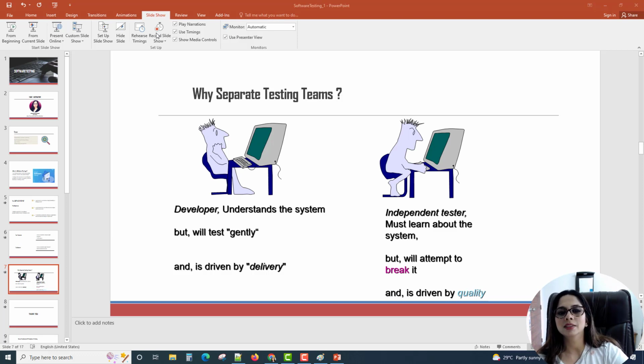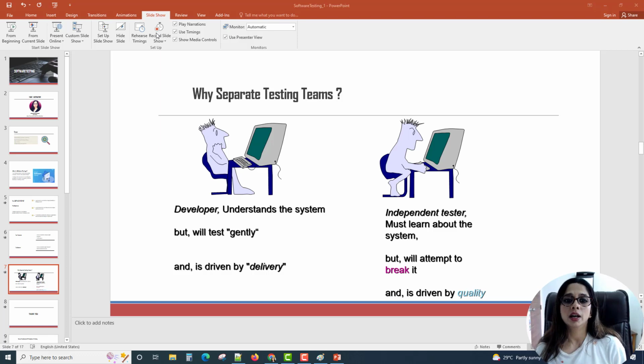But I think there's no more denying the fact that a testing team is important, and it has been proven over a long time that yes, we do need a testing team for quality delivery of the product. So we'll discuss today how the developers think and how the testers think and how they are different, so that we understand the importance of having a testing team in the company.